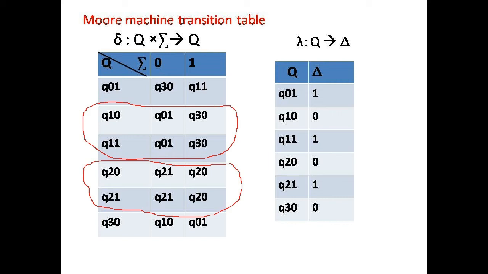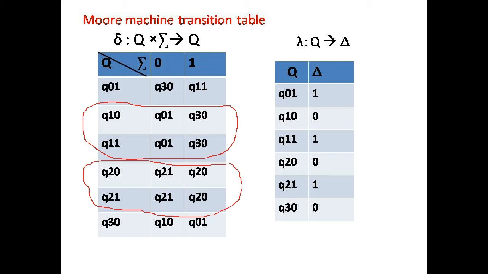The del transition function takes Q into sigma and produces Q, and the lambda machine function takes Q and produces the output symbol delta. The new states we are using here; the input symbols are the same. We see that Q1 is split into two states and Q2 is split into two states.